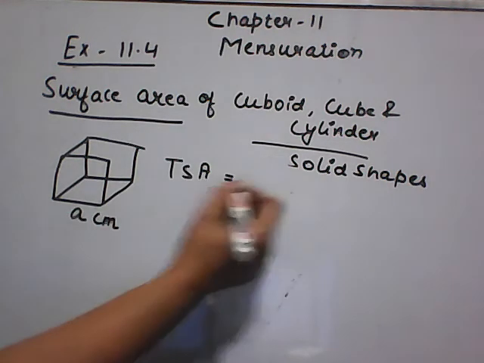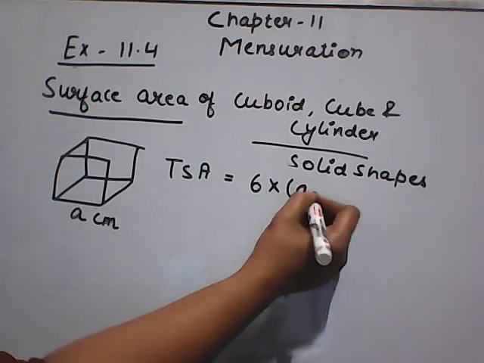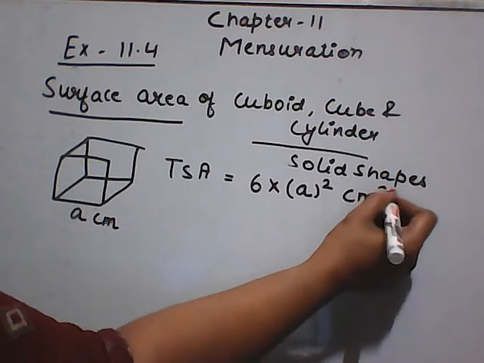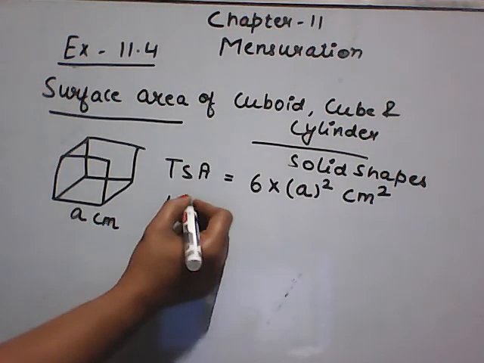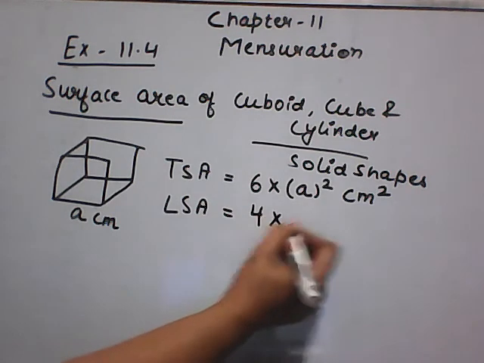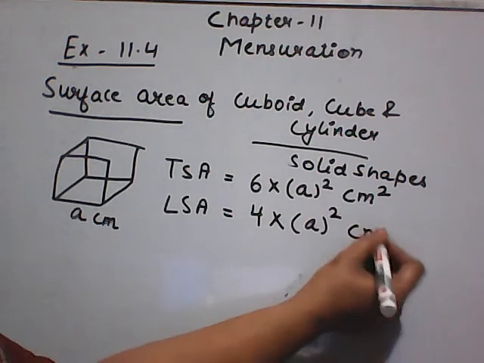So, total surface area will be 6 multiplied by side square. Here side is A, so 6 A square, and surface area will be in square units. Here side is given to you in centimeters, so area will be 6A square centimeter square. Now, lateral surface area, or you can say curved surface area, for the cube can be calculated as 4 into side square centimeter square.